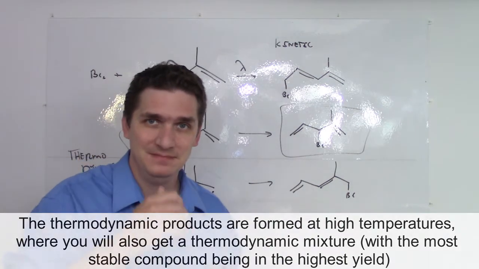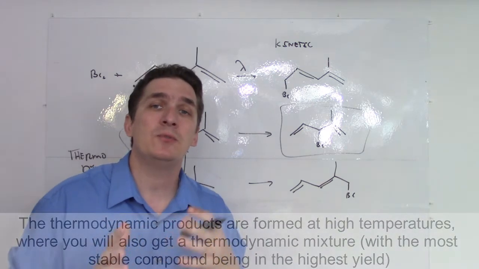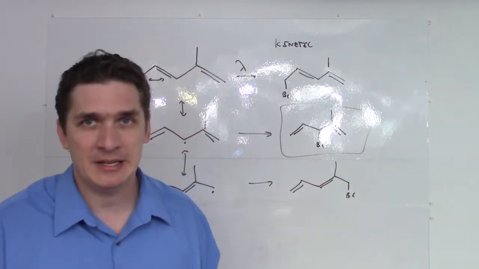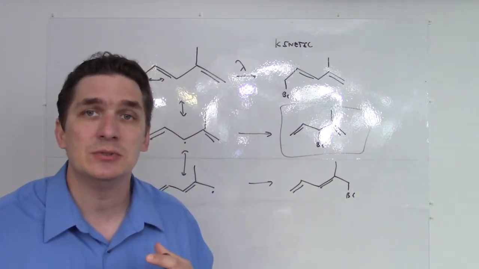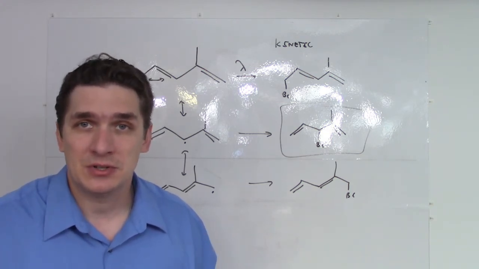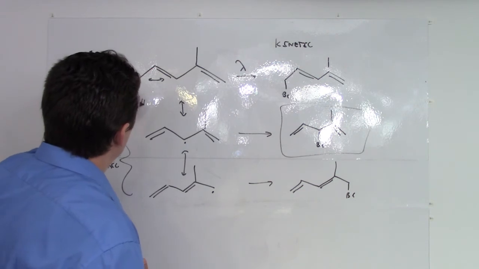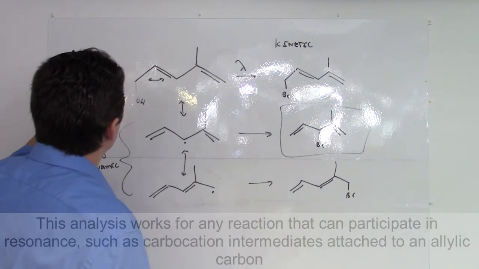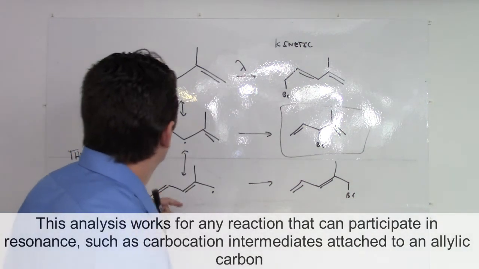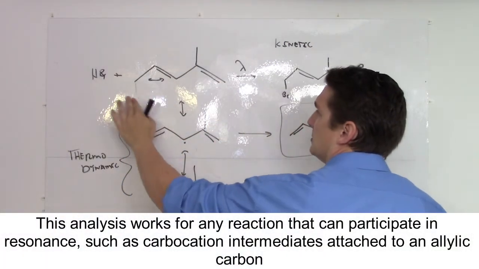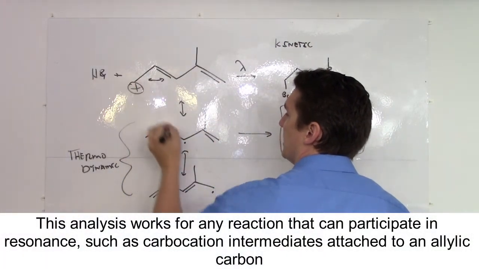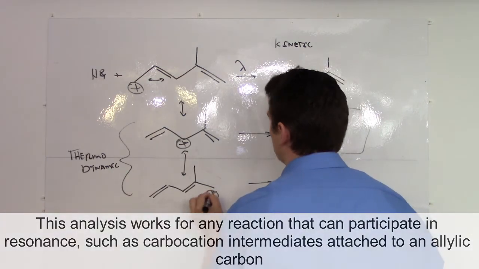Now, this is true if we go through any mechanism which permits us to form something that does a resonance structure. So let's say we replaced this radical with an OH, and we did HBr. Well, in this case, we're no longer forming a radical, we're forming a carbocation, and carbocations are going to act the exact same way.